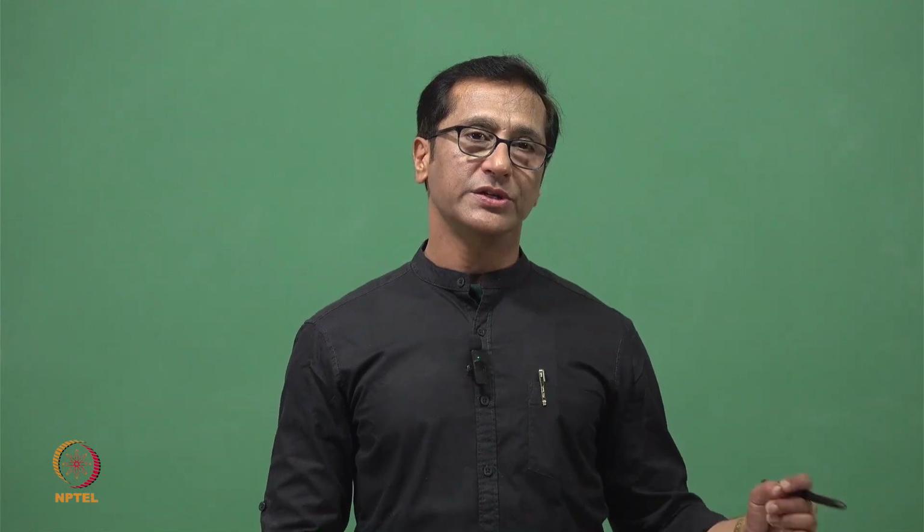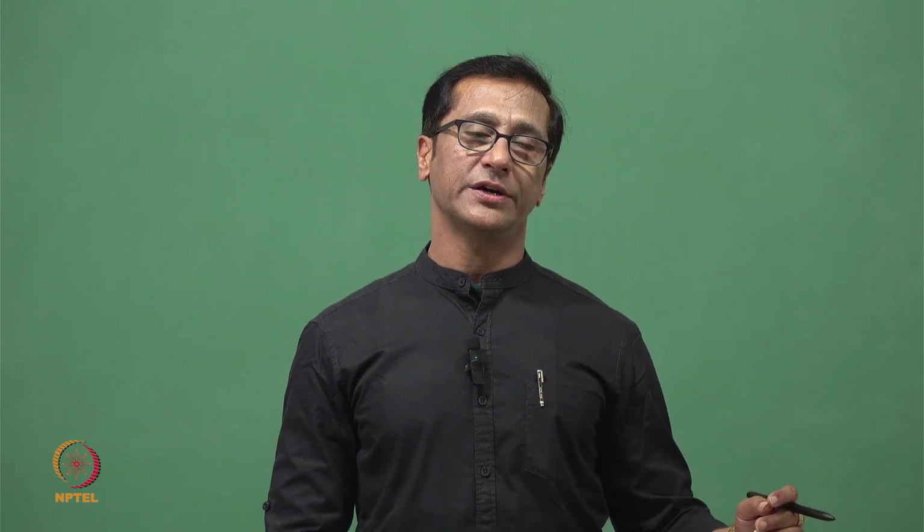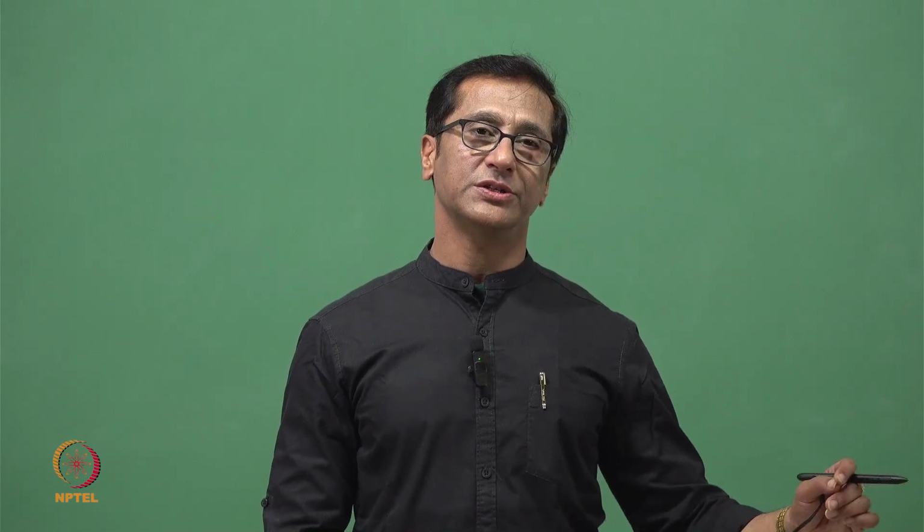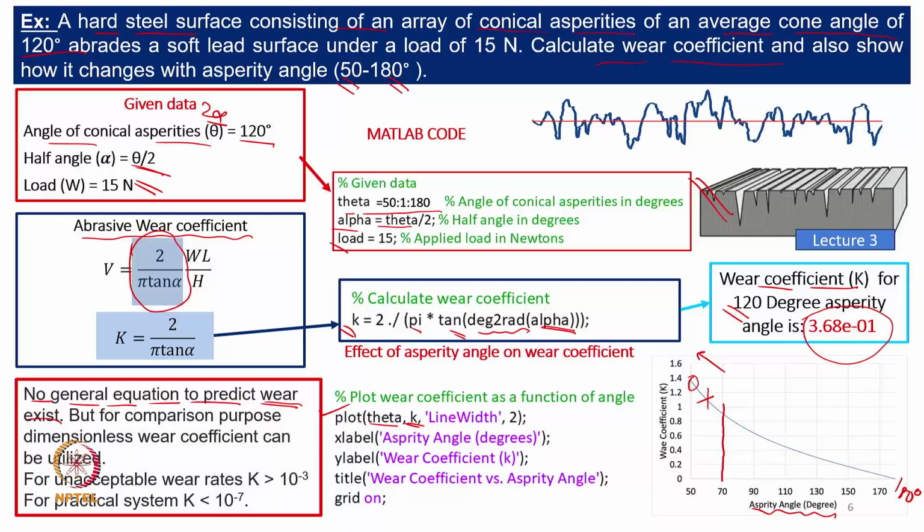When no perfect equation is available, and every equation changes as per the situation, why not go with a data driven approach? That's why this course has been initiated. For comparison purposes, the dimensionless wear coefficient calculated in this case can be utilized.